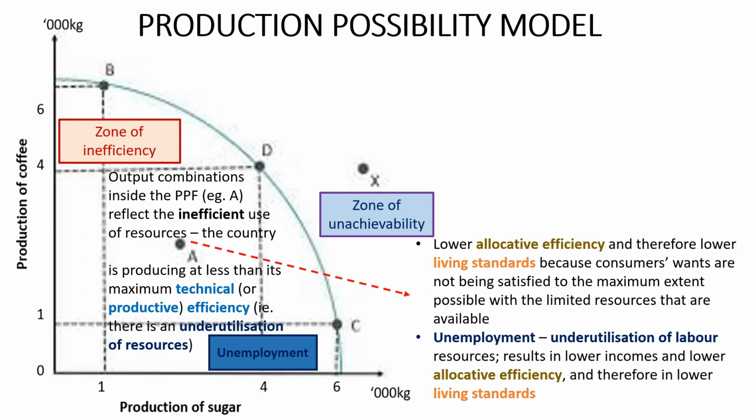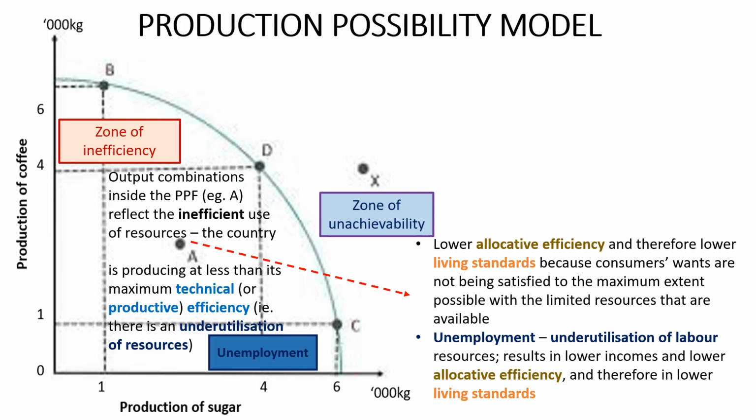Because output combinations inside the production possibility frontier are not being produced in the most technically efficient way, consumers' wants are not being satisfied to the maximum extent possible with the limited resources that are available. Thus, allocative efficiency and therefore living standards are lower than they could be.